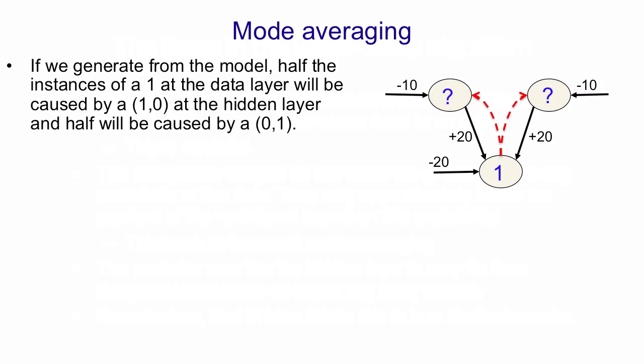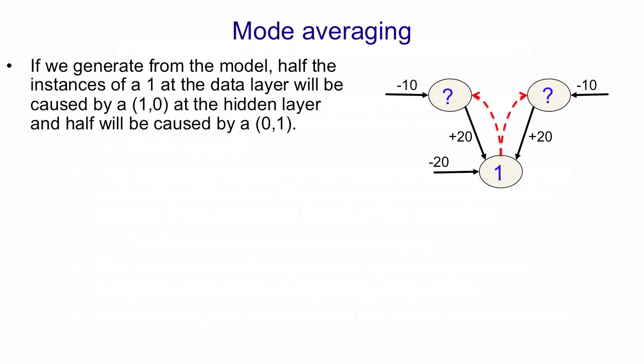Suppose we run the sleep phase and we generate data from this model. Most of the time, those top 2 units will be off because they're very unlikely to turn on under their prior. And because they're off, the visible unit will be firmly off because of its bias of -20. Just occasionally, one time in about e to the -10, one of the 2 top units will turn on, and it'll be equally often the left one and the right one.